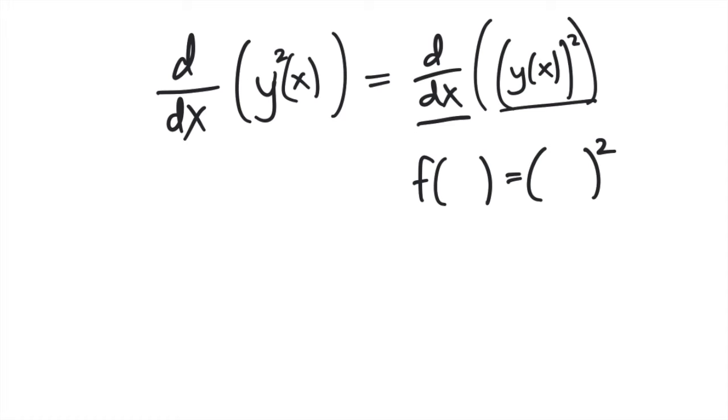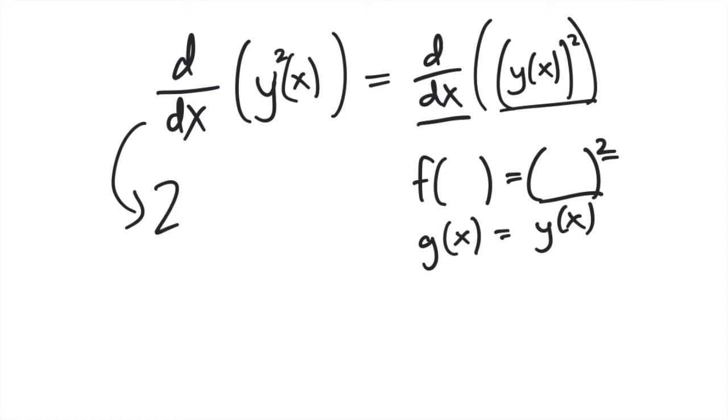And then the g, or the inside function, is really like your y of x. Okay, so think about an outside function and an inside function. What does the derivative of this look like? It actually looks like taking the derivative of something squared, which is 2 times something, and then multiply by the derivative of that inside something.